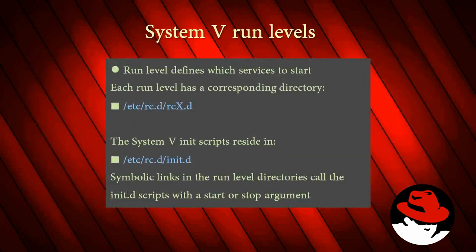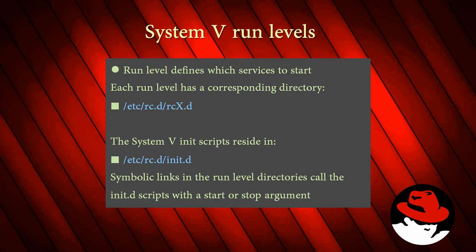Then comes the System V run levels. Run levels define which services to start. Each run level has a corresponding directory, etc rc.d, rcX.d, where X is the run level: 0, 1, 2, 3, 4, 5, 6, S, and so on.